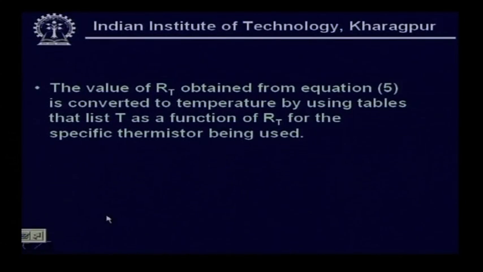And the value of R T obtained from equation 5 is converted to a temperature by using tables that list temperature as a function of R T for the specific thermistor being used, right. So, we can make a calibrated ROM, as you know, for this type of purpose.